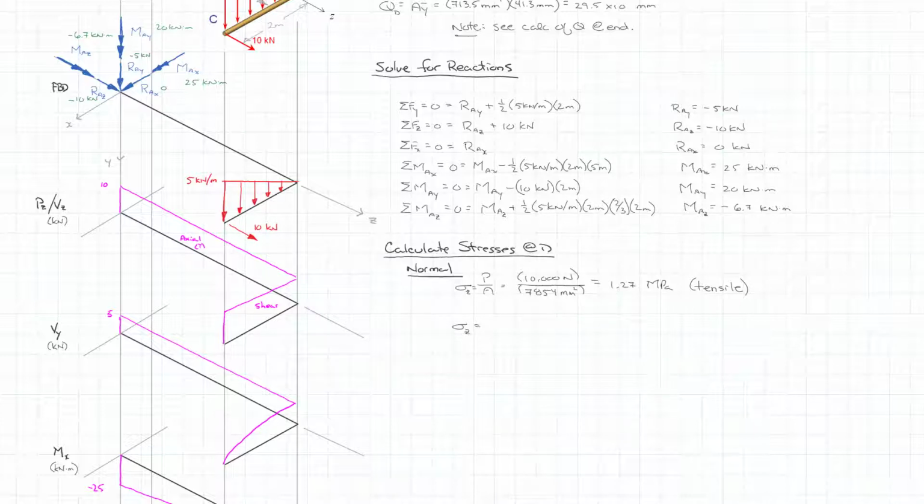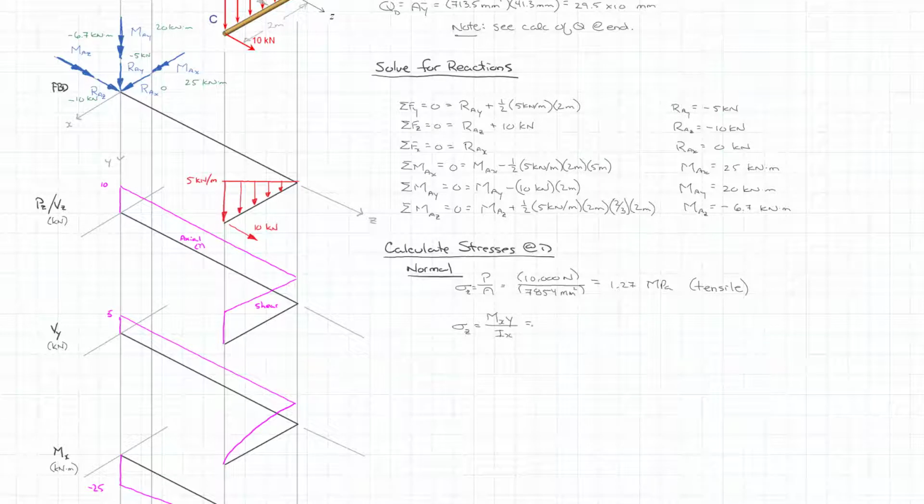All the normal stresses will be in the Z direction at point D. So stress in the Z direction is equal to our moment about the x-axis, and that will vary based on our distance in the y direction, all about our I in the x.